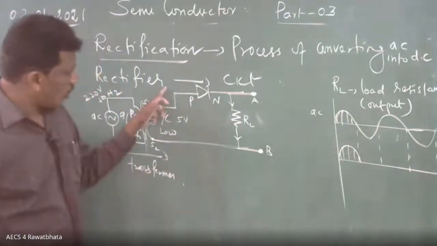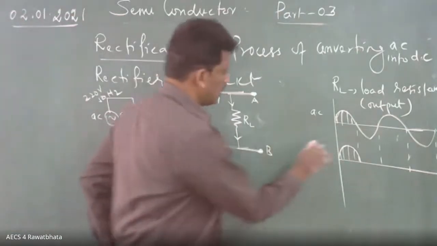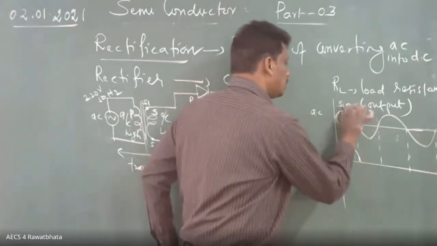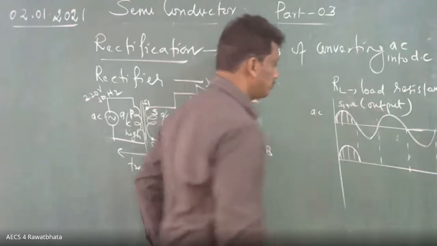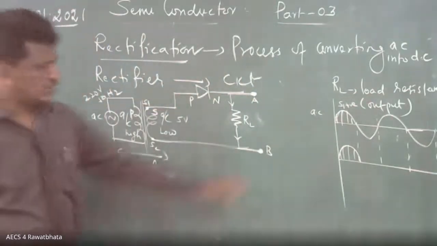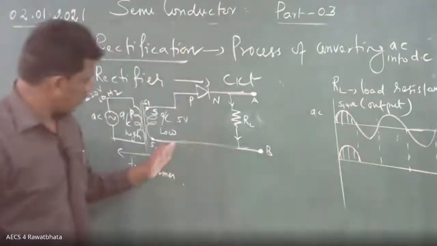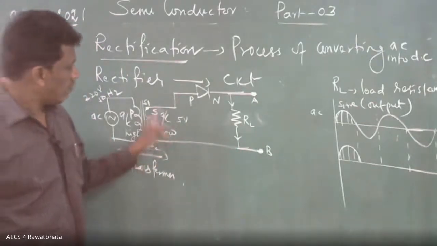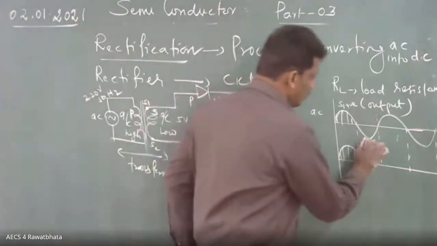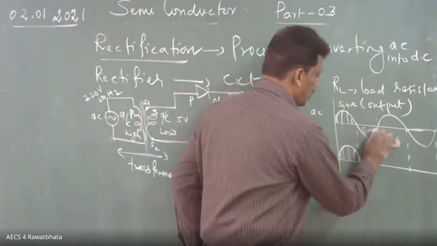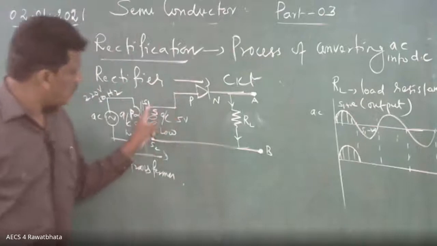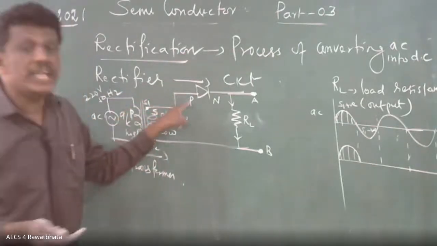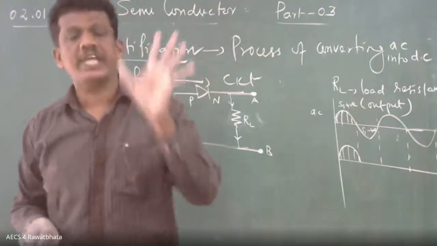So S1 positive in this case, and S2 negative. No need to bother about S2. Next, S1 negative: negative with the P region. Which bias?